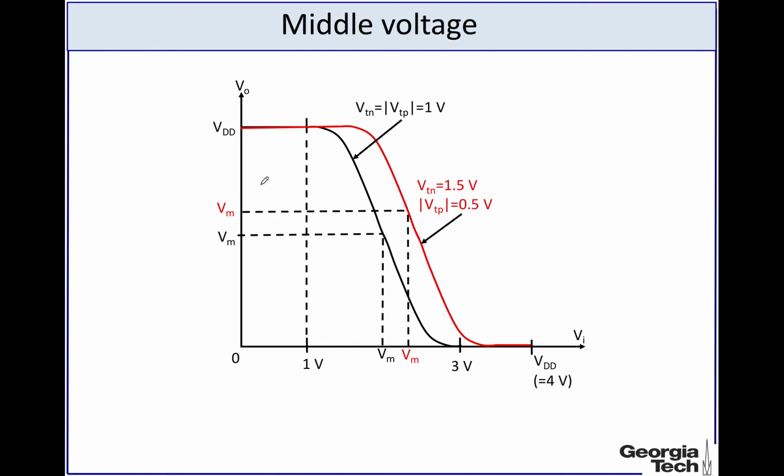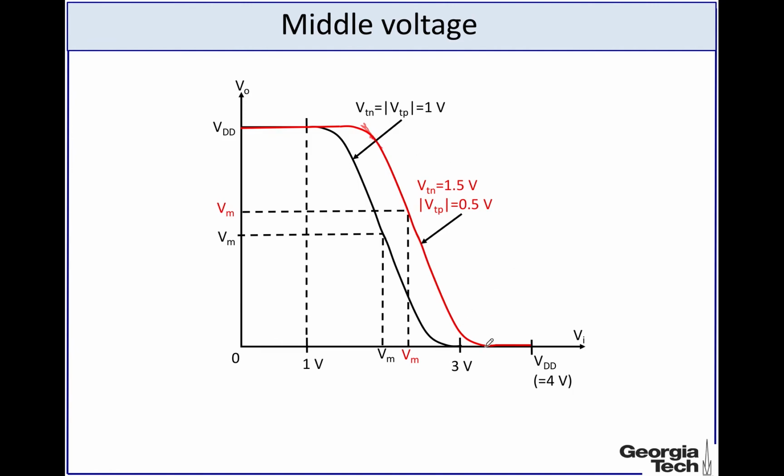Now think about the case for the red curve over here. You can clearly see that it has a large noise margin low. Why is that? Because as long as the input voltage is large, it can sustain a larger input noise when the logic level is supposed to be 0. Basically it means that it has a large low noise margin.